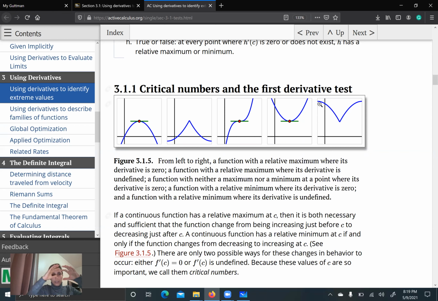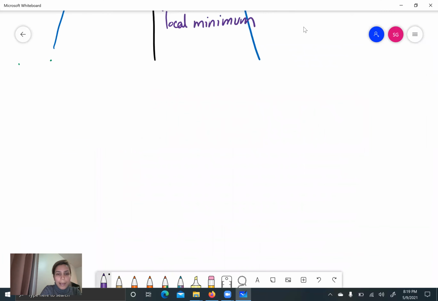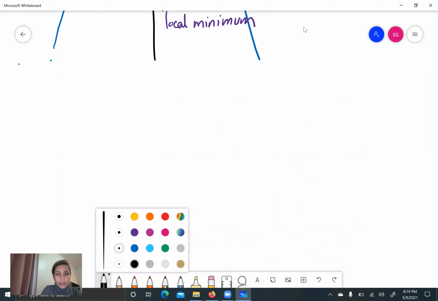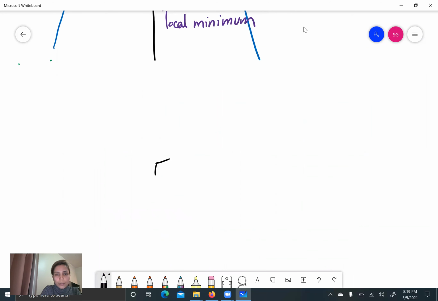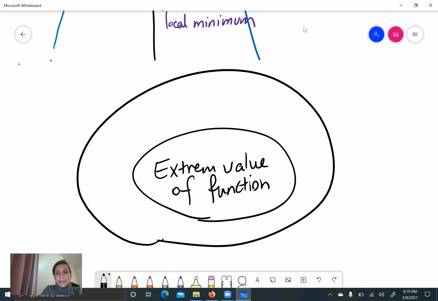So you have the maximum and minimum values of a function. Suppose this is the set of extreme values of a function, then the bigger set is called critical values, which also include the extreme values.